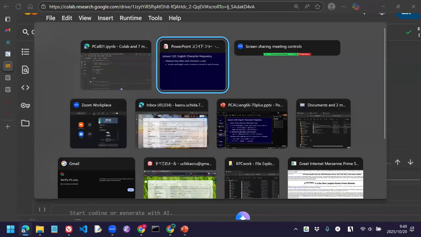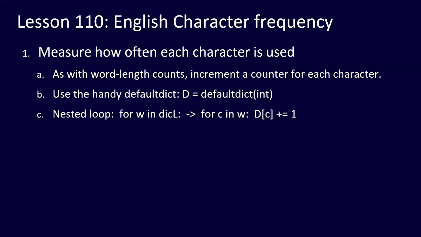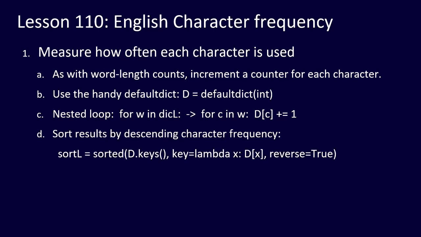So what's next? Use the dictionary, a nested loop for word in dict, for character in word. This time, we might want to take a look at the list. Last time we just visualized it using matplotlib, but we might want to actually get the statistics of the characters. For that, we can get a list of characters.